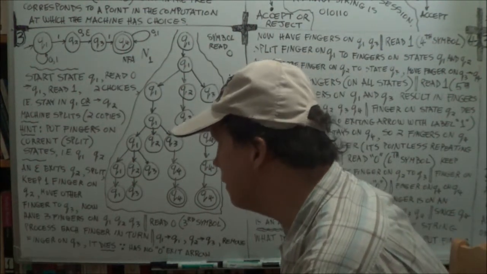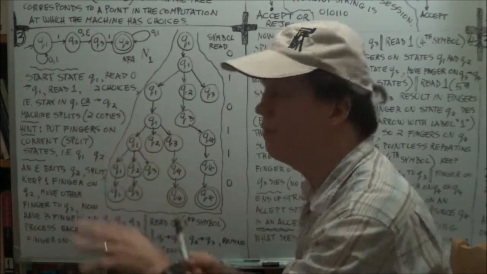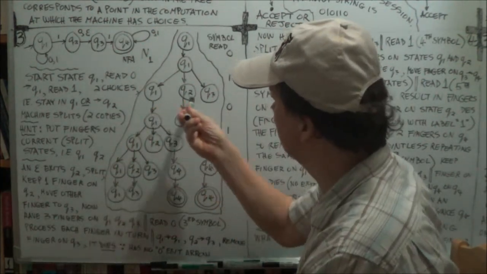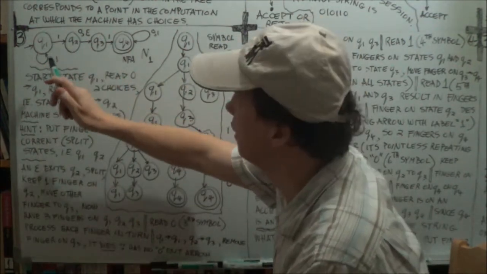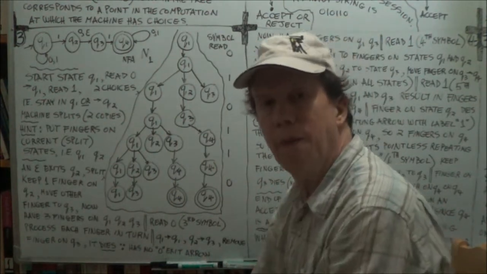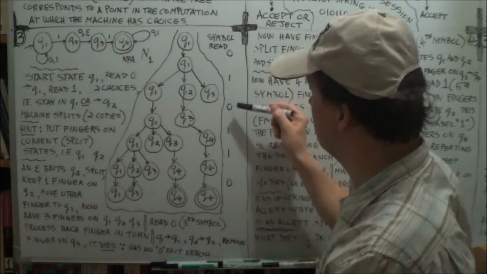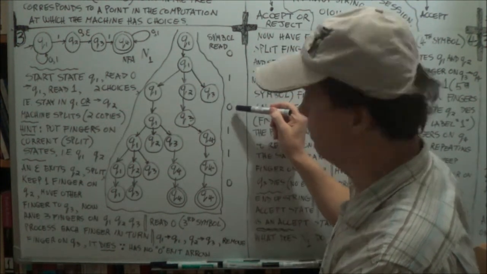Okay, so all right. So we've got now 3 fingers, or 3 pins, if you like, on these 3 states. That's pinned, that's pinned, that's pinned. Now, for the next step, you're reading in a 0. So you read in the 3rd symbol.